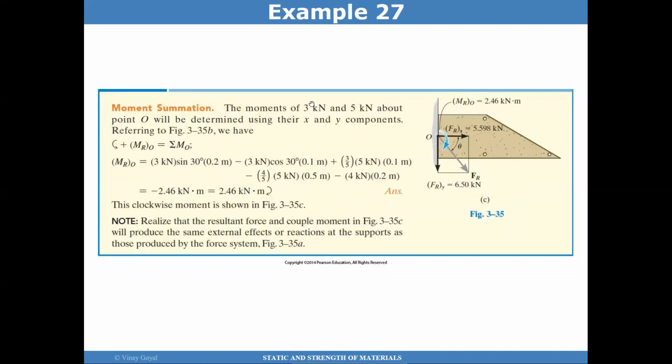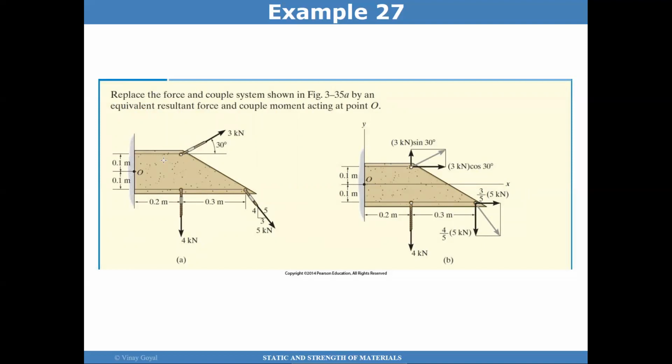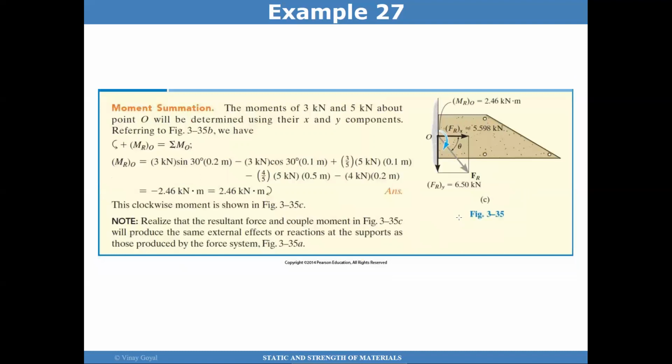And so that's a straightforward analysis, because all we have to do is determine the distance between this force and point O, this force and point O, and so forth. And there's 4 different forces, so I should have 4 terms. And I should be able to determine the moment due to these forces in a straightforward manner.